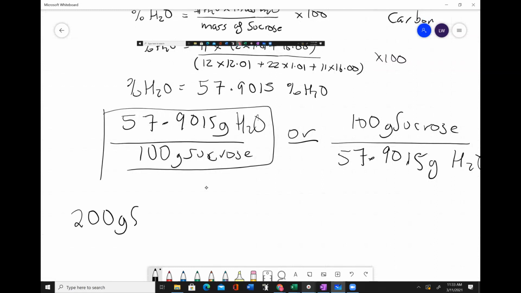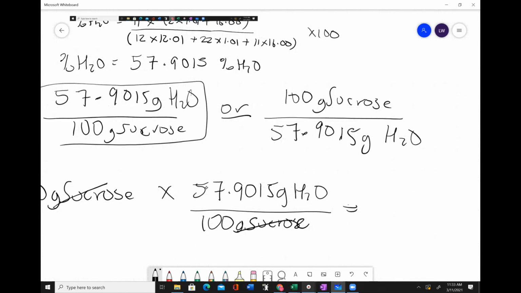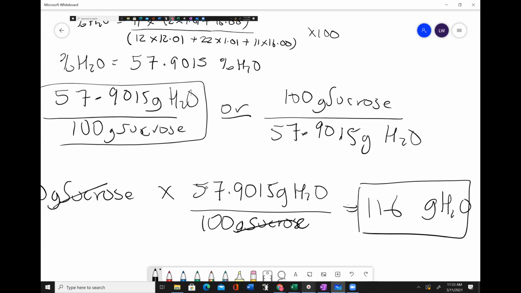So 200 grams of sucrose times 57.9015 grams of water for every 100 grams of sucrose. Then that cancels out, and the only thing that's left is grams of water. So just do times 200, and I ended up with 116 grams of water.